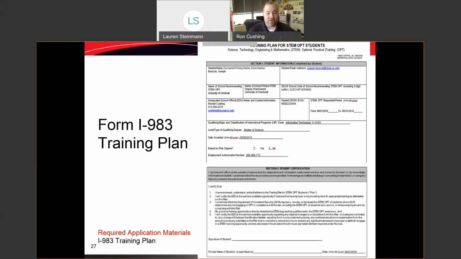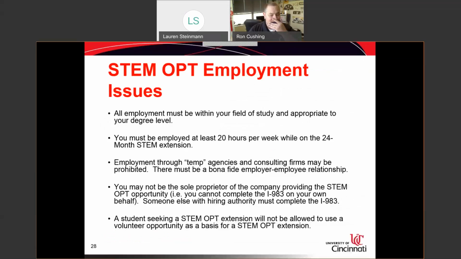They want to know the name of the employer, obviously your name, the address. They're going to ask for things like their E-Verify number. You're going to have to sign the form, and then there are sections that the employer has to sign. So you've got to keep all of that in mind when you're on the STEM OPT extension.